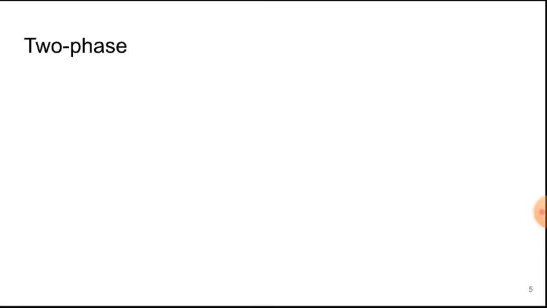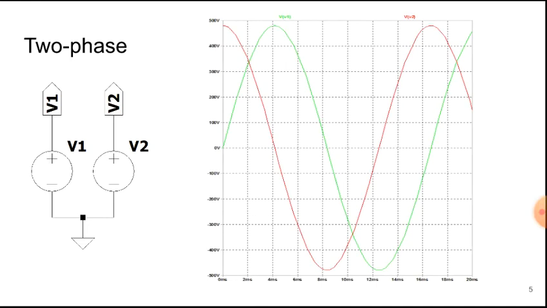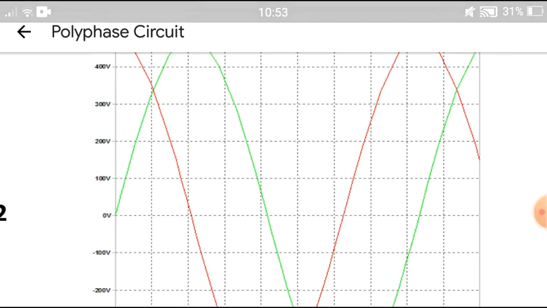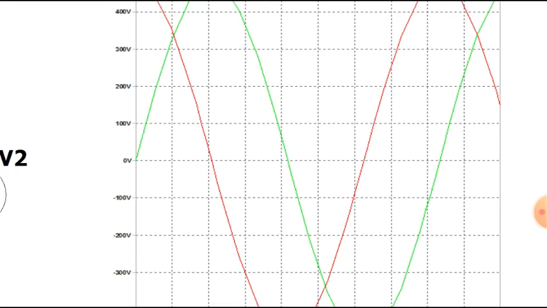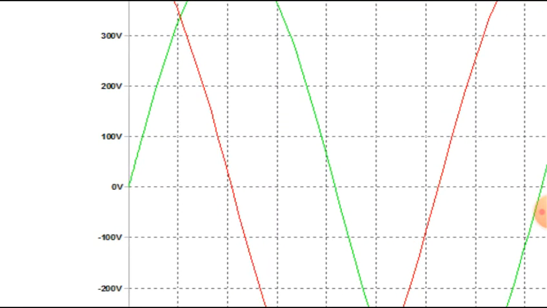Two-phase is a special case. Why? Because for a two-phase system, it's not simply divided by the number of phases. If we divide 360 by 2, it equals 180. But if we look at the diagram here, the phase angle between these two voltages is not 180 degrees, but actually 90 degrees.